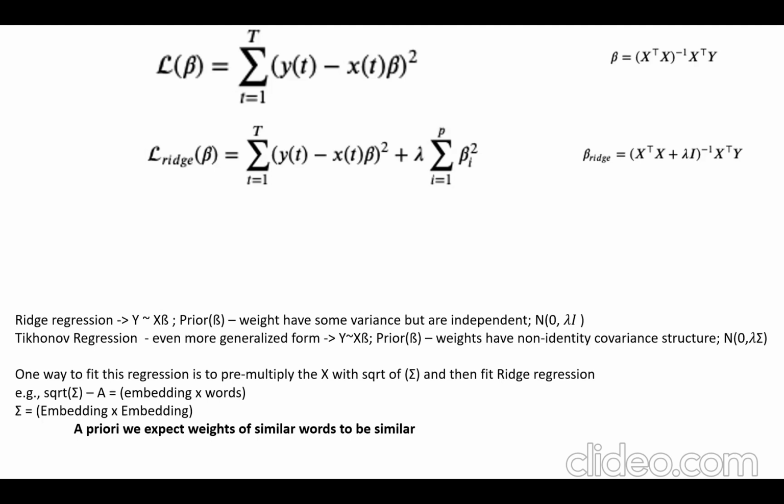The general procedure is that if this is the covariance matrix that is the prior for the beta weights, we can take the square root of this matrix and pre-multiply our stimuli by it, and then just fit the normal ridge regression, which would basically be as if you're fitting a Tikhonov regression. And by providing these priors for the words, Alex has shown very well that you can really increase your predictability for the brain responses for specific words.